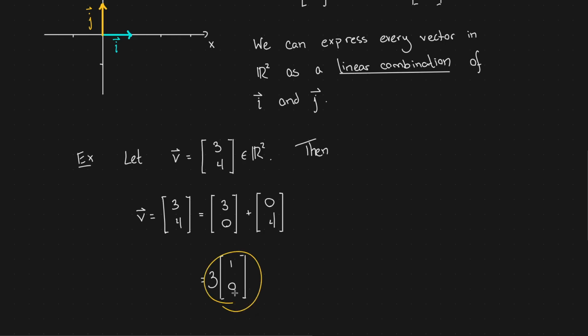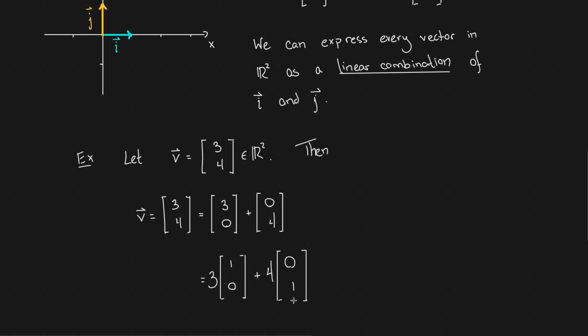Using vector arithmetic, this is the same as this. But now I'm separating the magnitude of the change from the direction. And similarly here, I can pull out the 4 as a scalar multiple, leaving me with the vector 0, 1.